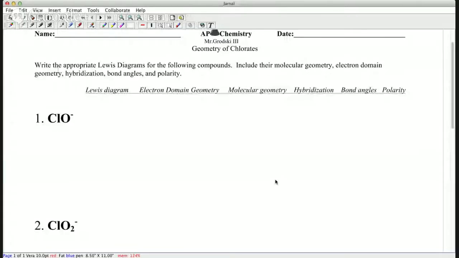Okay. Hold on. Bonding, chlorate geometry. Okay. All right, let's go back to where I was. And screen share. And right there. Okay, Matt, I need you to tell me if you're seeing the problem. Are you seeing this? Are we seeing that?